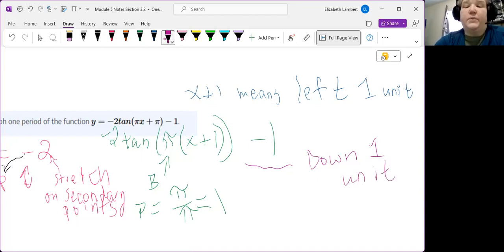Okay, so just like with our sine and cosine, we identified all the things, those shifts are going to happen first. That's going to put our new center point, or the starting point for sine and cosine. And then from there, we're going to mark our period around it, and then we're going to mark our stretch points.